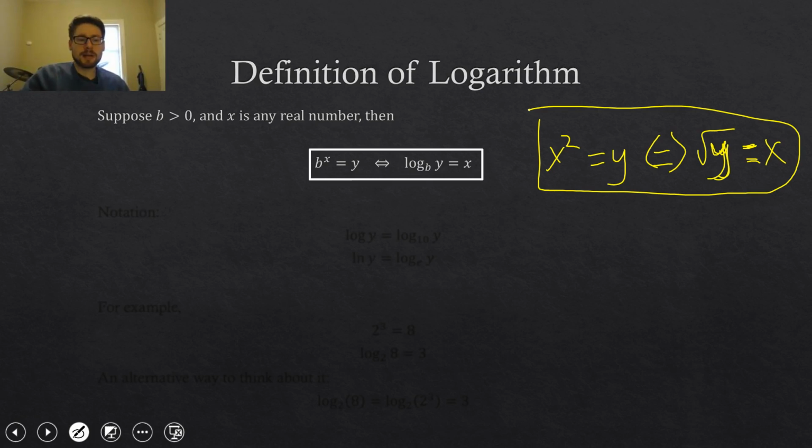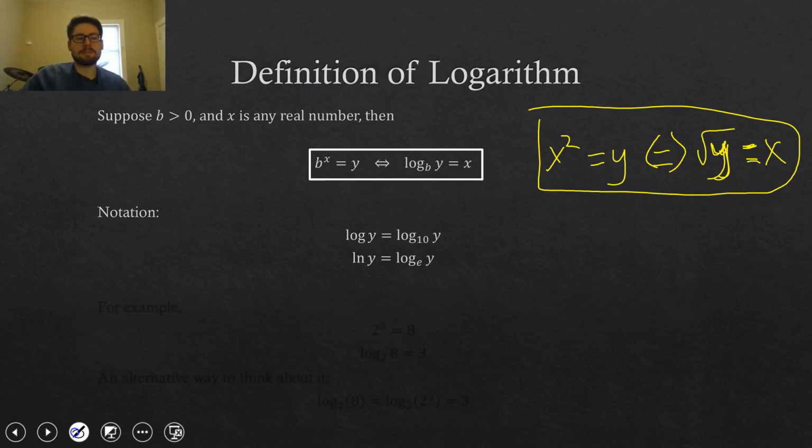That gets you a couple of notation things as well. If you write a logarithm with no base, with b omitted, then that really means log base 10. On your calculator, you'll see a log button, and that really means log base 10. And ln is another common logarithm to take, and that's log base e.